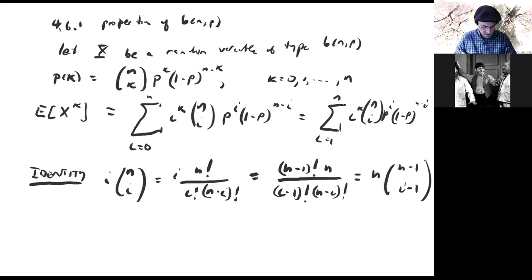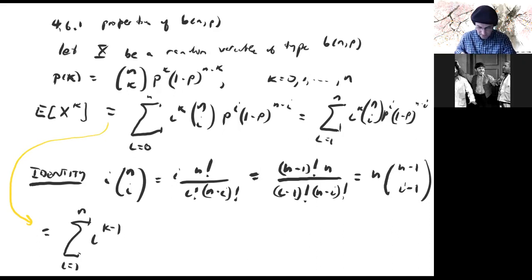So if I want to compute the expected value of X to the k, I can write that this is the same thing as the sum, starting at 1 still, i goes from 1 to n of i to the power of k minus 1.